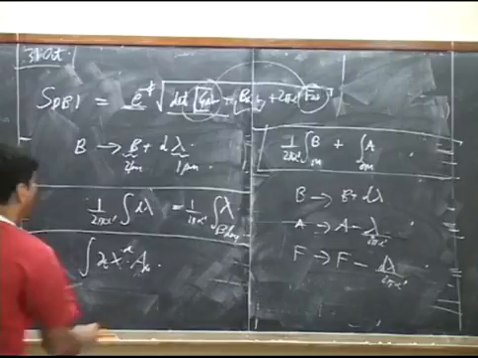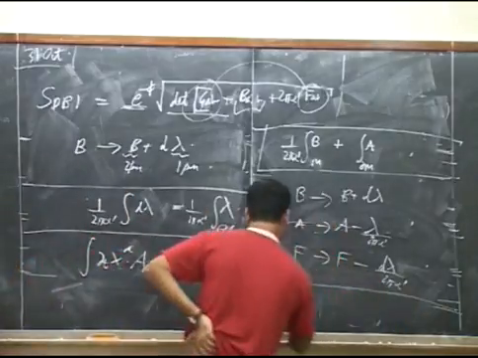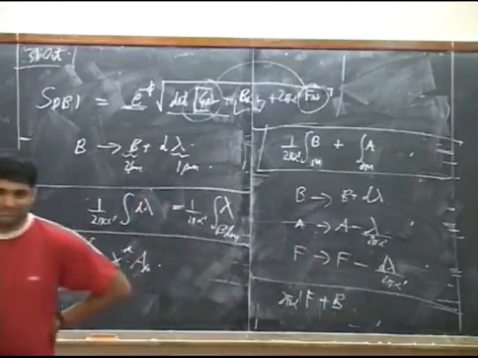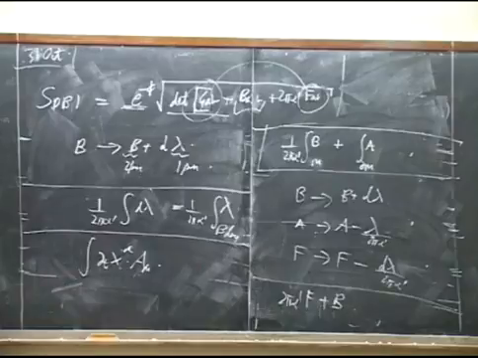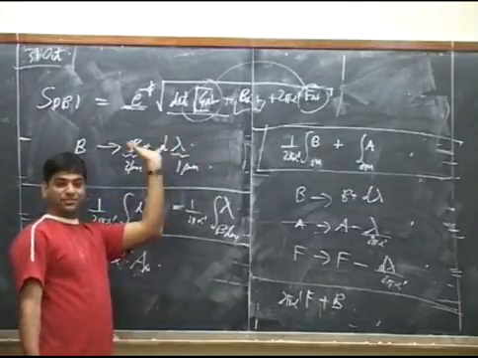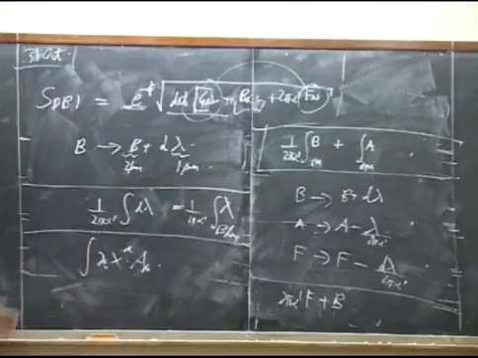Okay? But the combination 2 pi alpha prime F plus B is gauge invariant under the one-form gauge transformations coming from the B field.